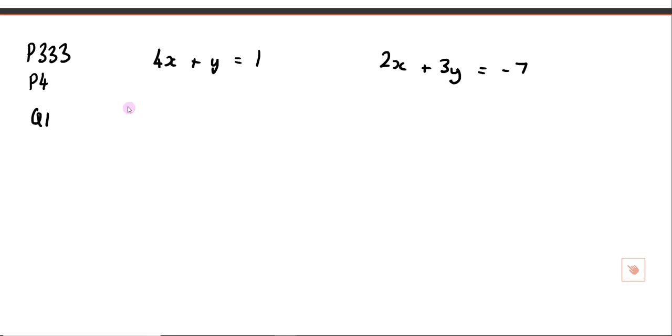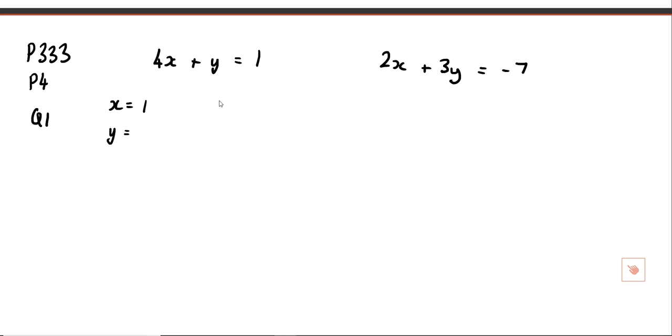Right? So for instance, if I said x equals 1, what would the y answer be for here? So 4 times 1 is 4. Plus what makes negative 1? Please don't laugh unless you've got the correct answer.